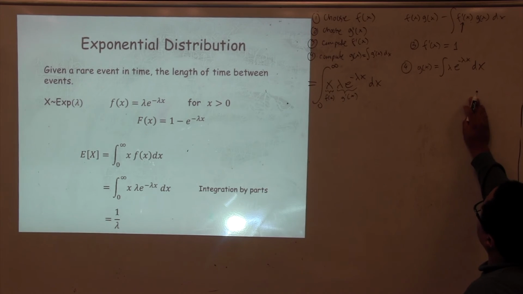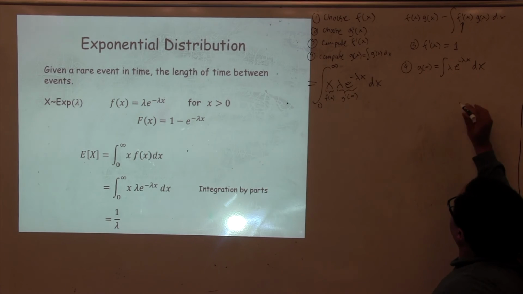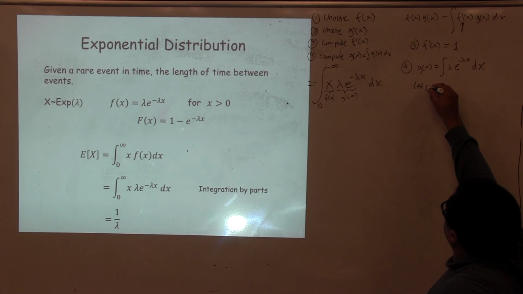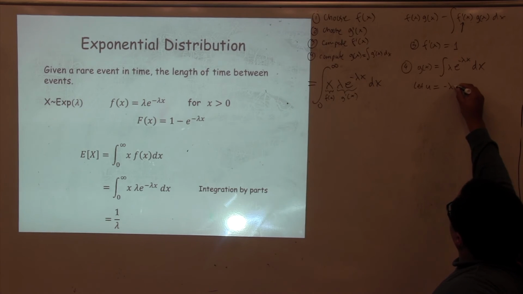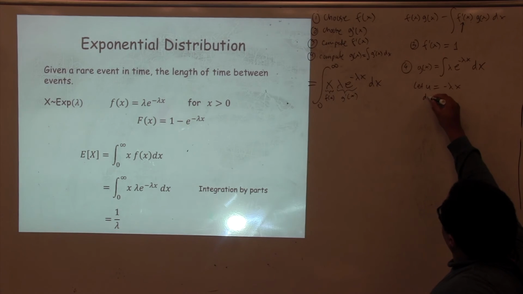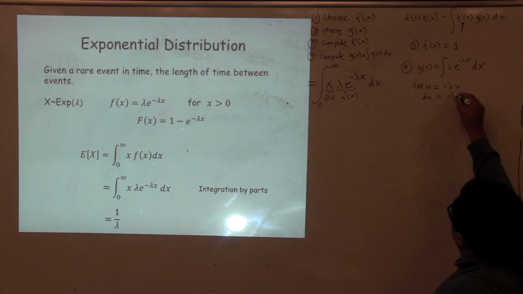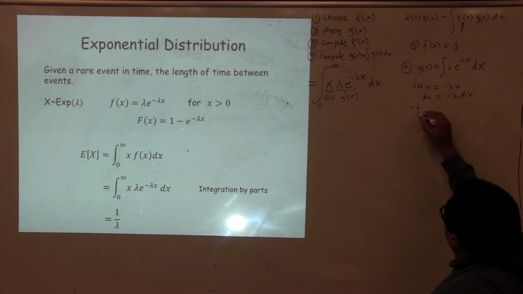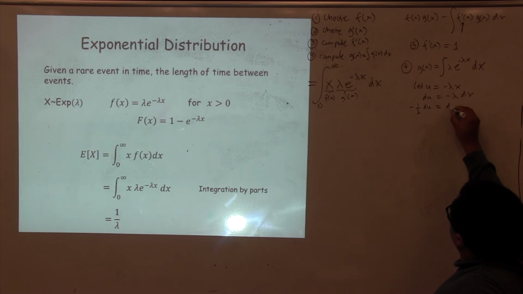I notice this integral is kind of hard to carry out, so I'm going to make a substitution. Let u equal minus lambda x. So du is equal to minus lambda dx, which means minus 1 over lambda du is equal to dx.